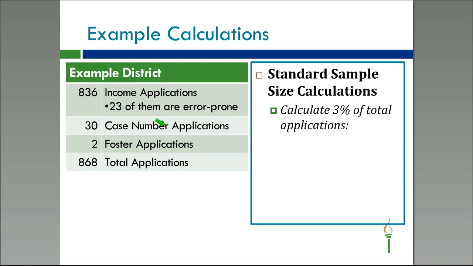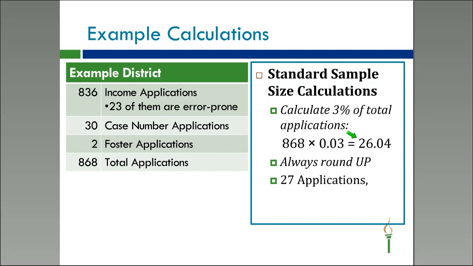We have 30 case number applications and 2 foster applications for a total of 868 applications. So when we calculate 3% of total applications, we calculate 868, our total applications, times 0.03, and that gives us 26.04. But remember, we always have to round up. So we're required to verify 27 applications.